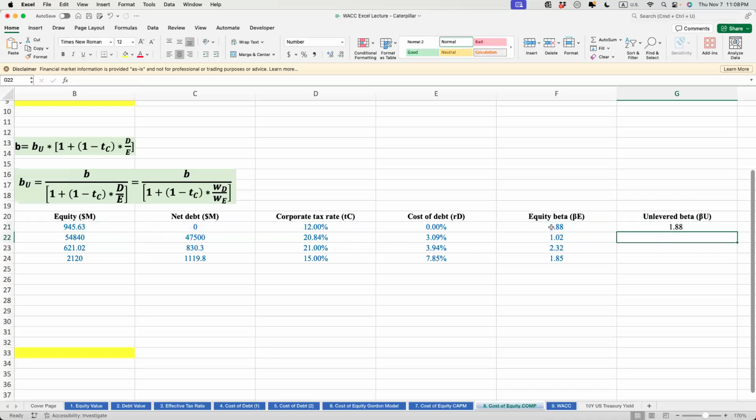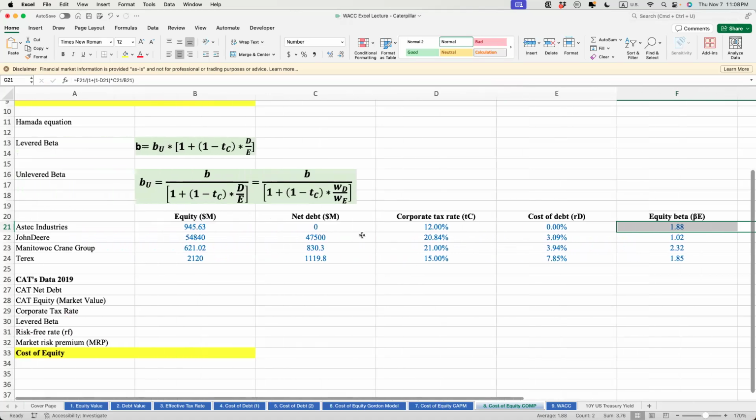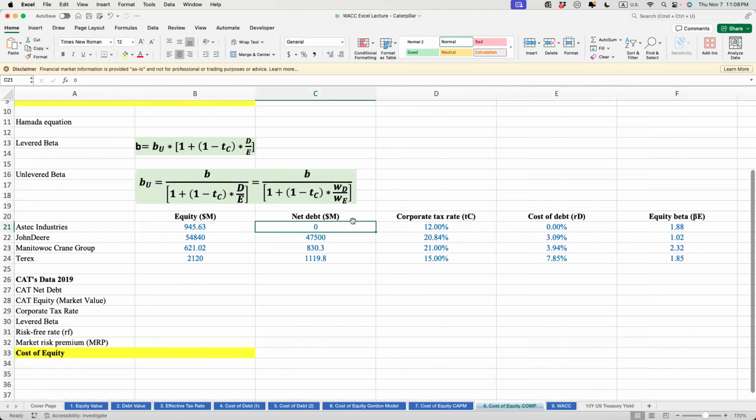You get the unlevered beta. Apparently for the first company, you're going to ask, wow, these two look exactly the same, and that's because they're supposed to be the same. The reason is that the first company doesn't use debt, so there's no actual risk put into the company by using it.